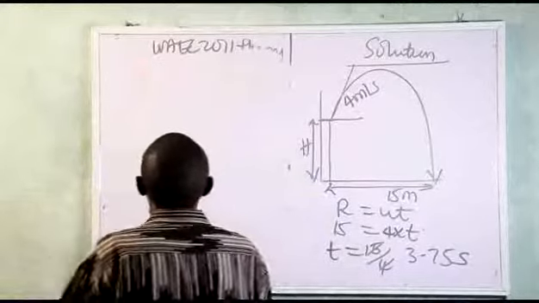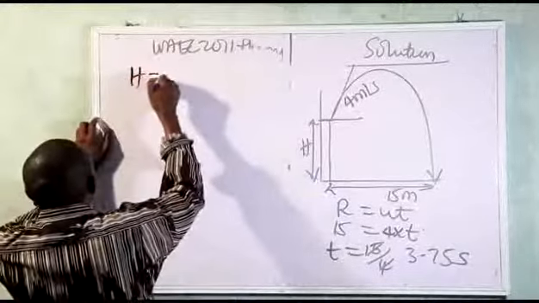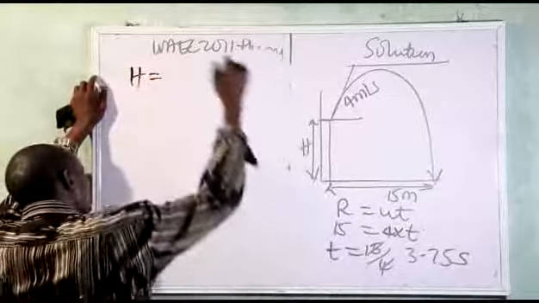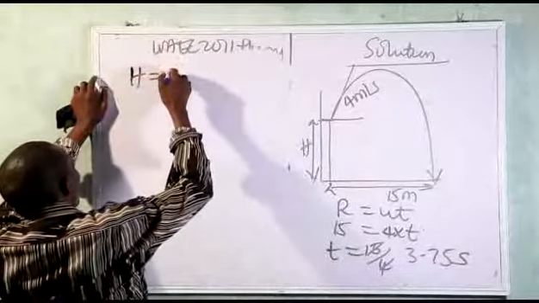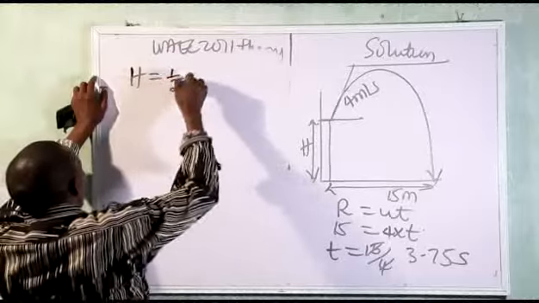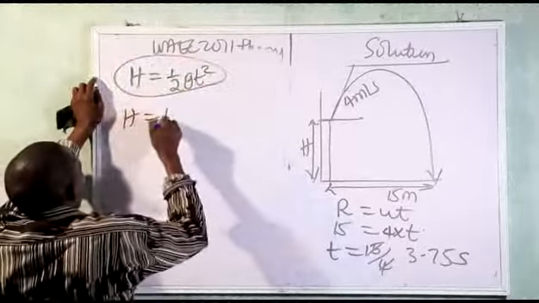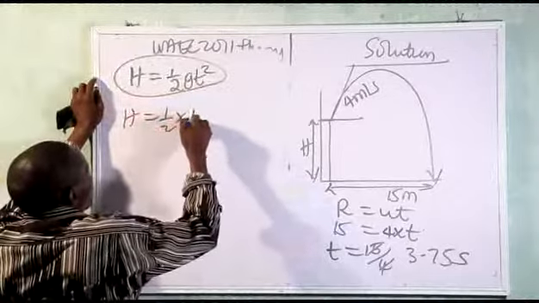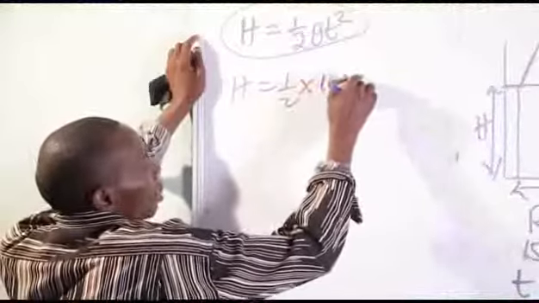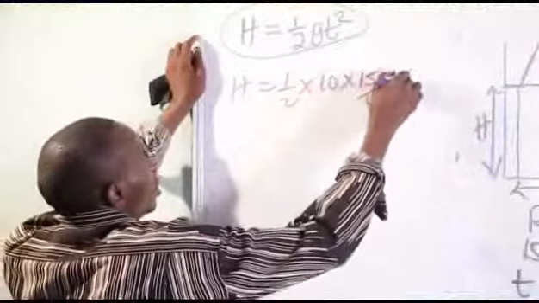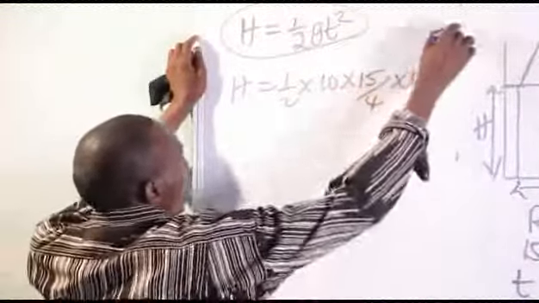After knowing your t, our h here will be, don't forget, when you throw an object, our height equals half gt squared. Very important. Half g, t is 15 over 4 times 15 over 4.